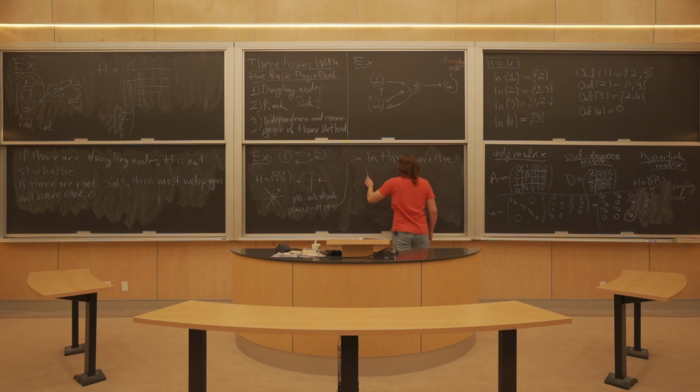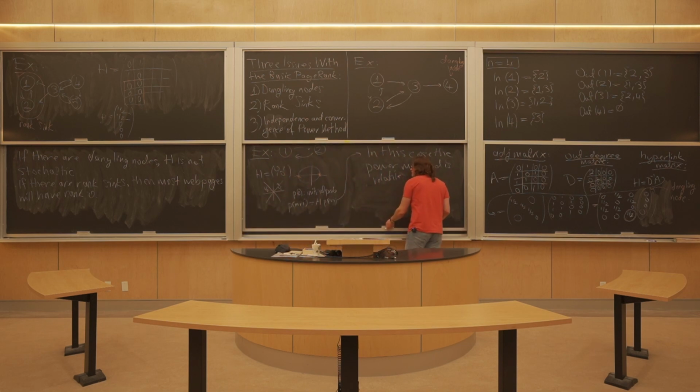The power method is volatile. That's because, let's say, you have V1 corresponding to eigenvalue 1 and V2 corresponding to eigenvalue minus 1. That's a basis.